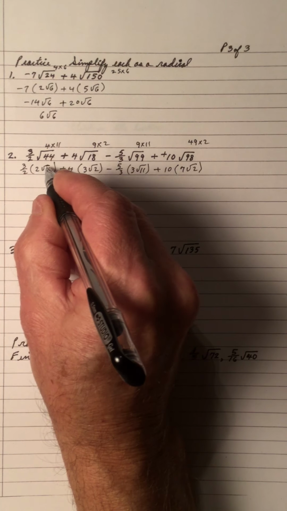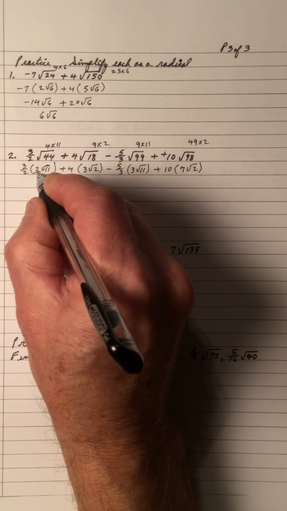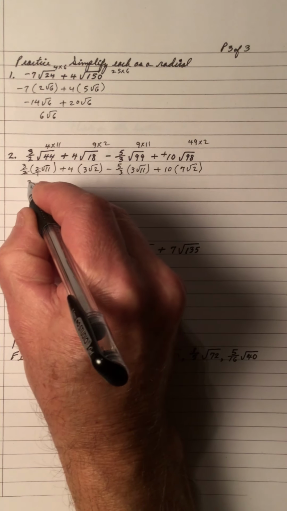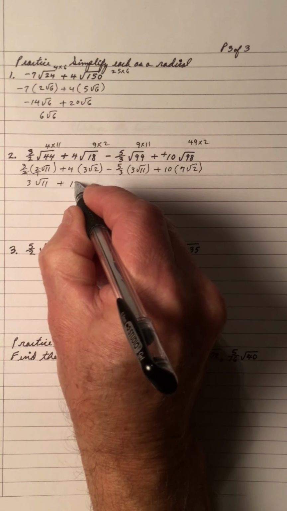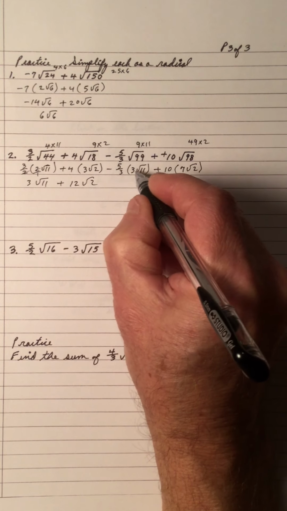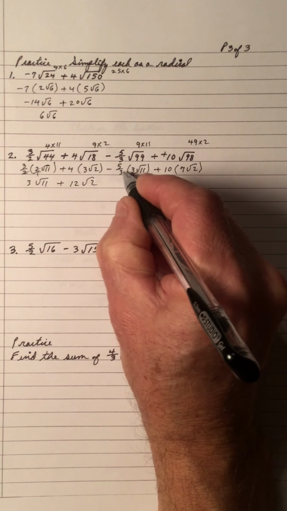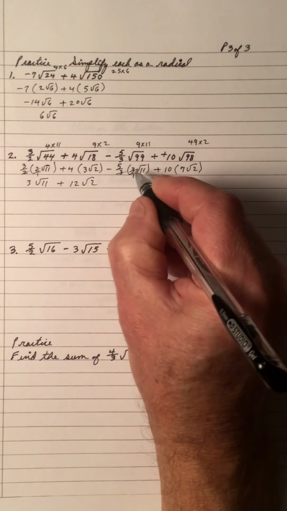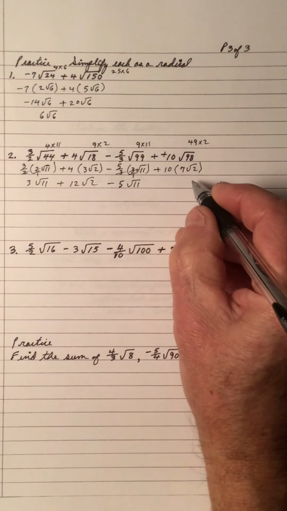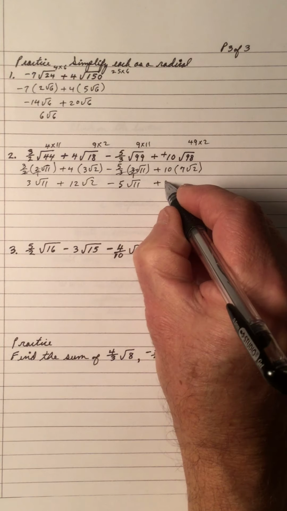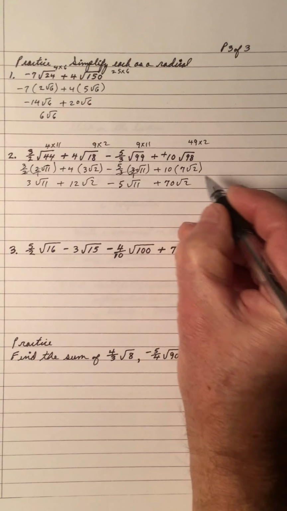And we have to multiply here, so 3 over 2 times 2, that's 2 over 1, the 2's cancel, and I get a 3 root 11. 4 times 3 is 12 root 2. Again, 3 over 1 times 5 over 3, the 3's cancel, and I get a negative 5 root 11. And 10 times 7 is 70 root 2.